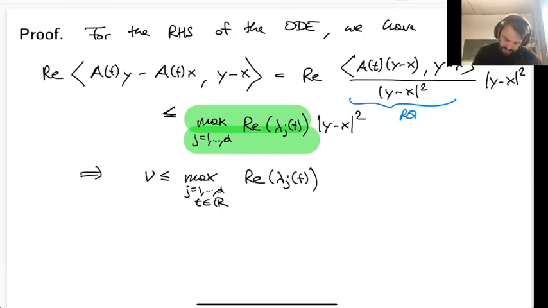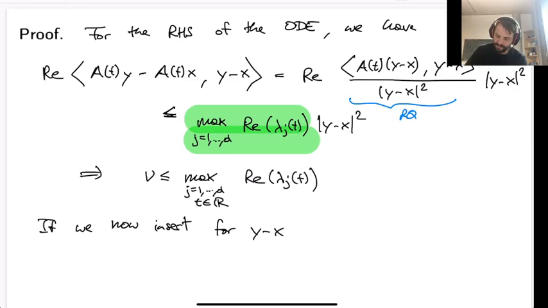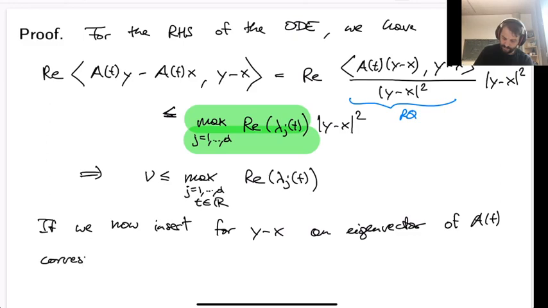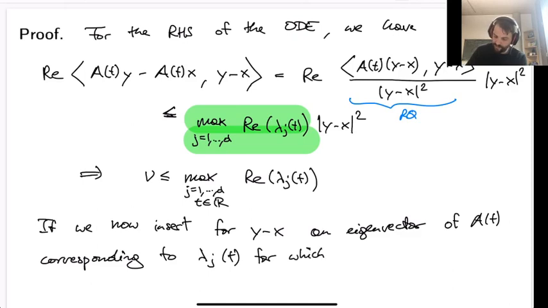If we now insert for this y minus x in this inequality an eigenvector of A of t corresponding to lambda j of t, for which this maximum is attained, then of course we have equality.